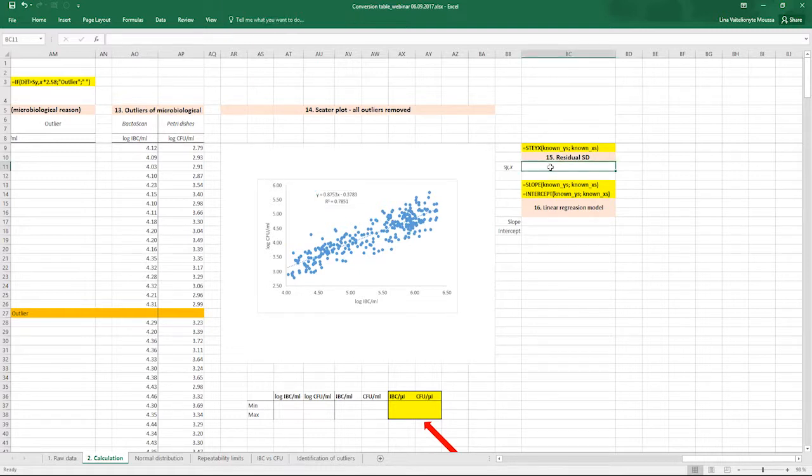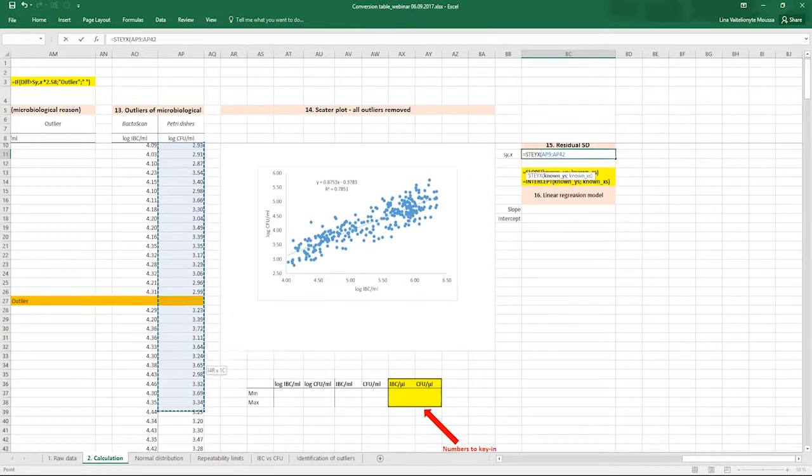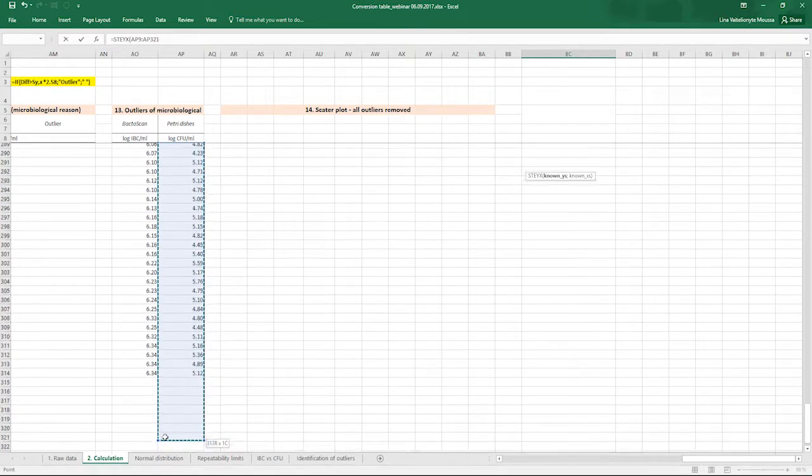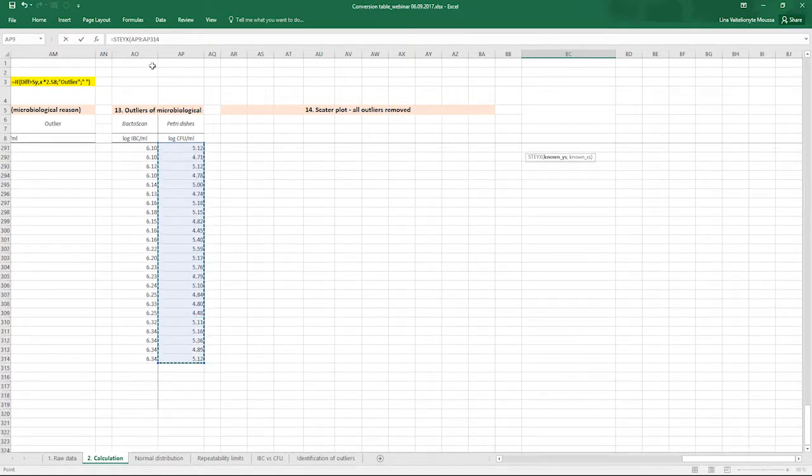So now again we have to calculate SDYX, standard deviation, selecting the data from Petri dishes, and then the data from BactoScan.